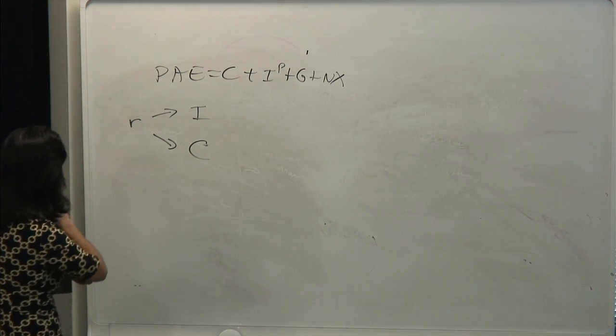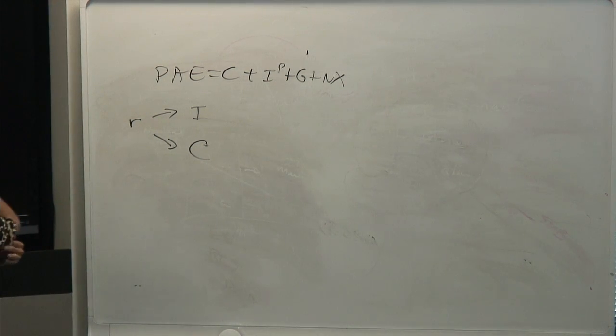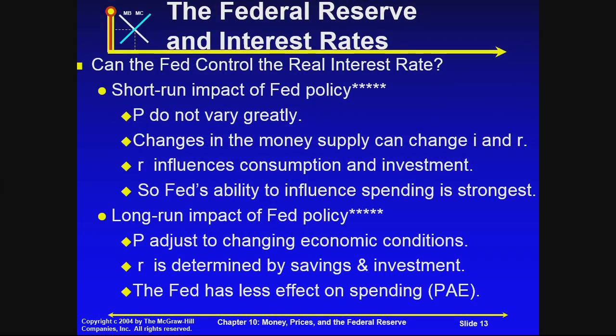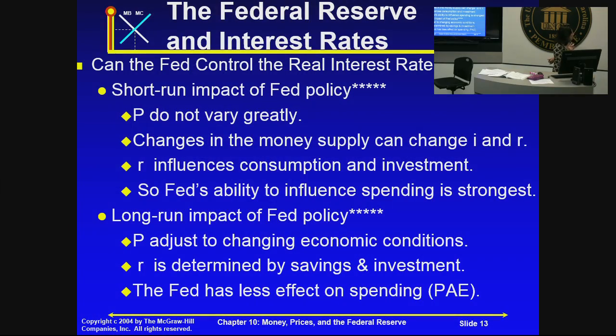What this is saying is very simple, straightforward: your interest rate would affect consumption and investment. And we'll look at how. And so in the short run, the Federal Reserve Bank is able to affect this spending effectively.